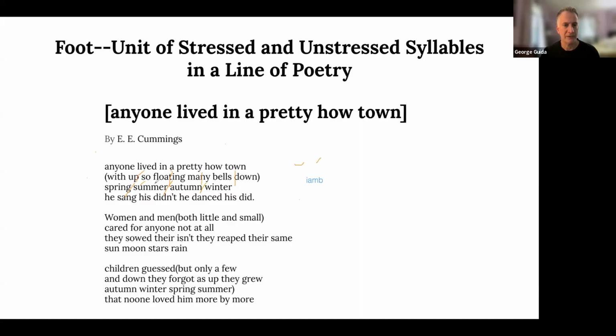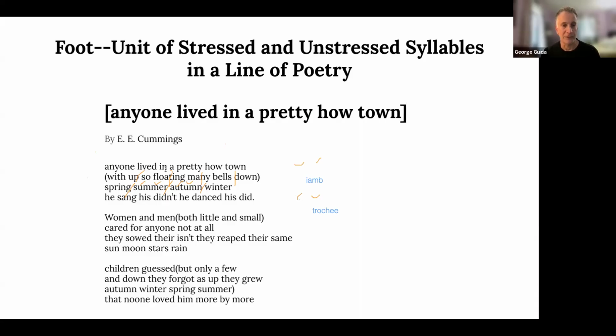It's stressed, unstressed, stressed, unstressed. So it's the opposite. Unstressed, stressed is an iamb, and stressed, unstressed is something called a trochee. Okay, so you're getting different rhythms at different times.